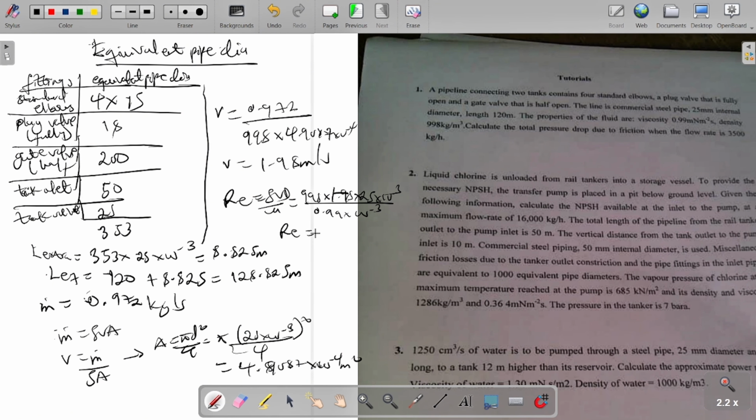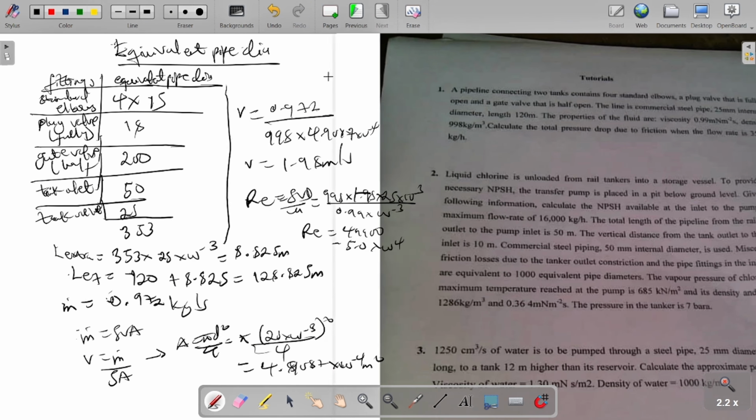So the Reynolds number for this question becomes 49900, which is approximately 5.0 times 10 to the power 4. And since they said we are using a commercial steel pipe, it has an absolute roughness of 0.046.